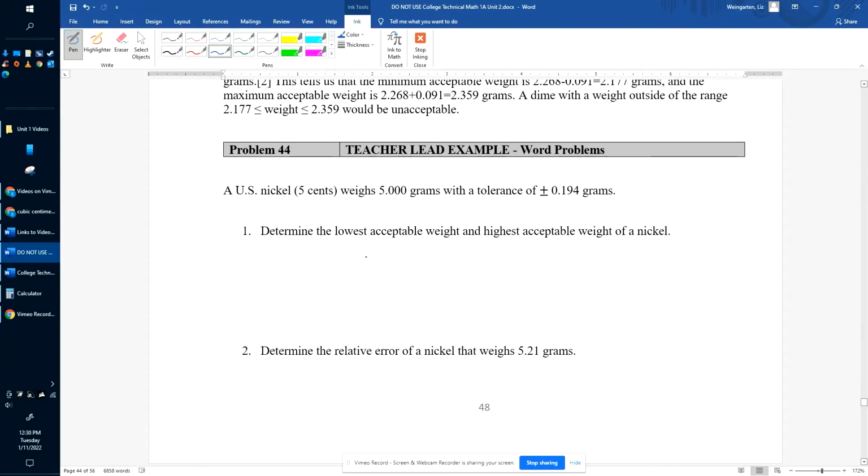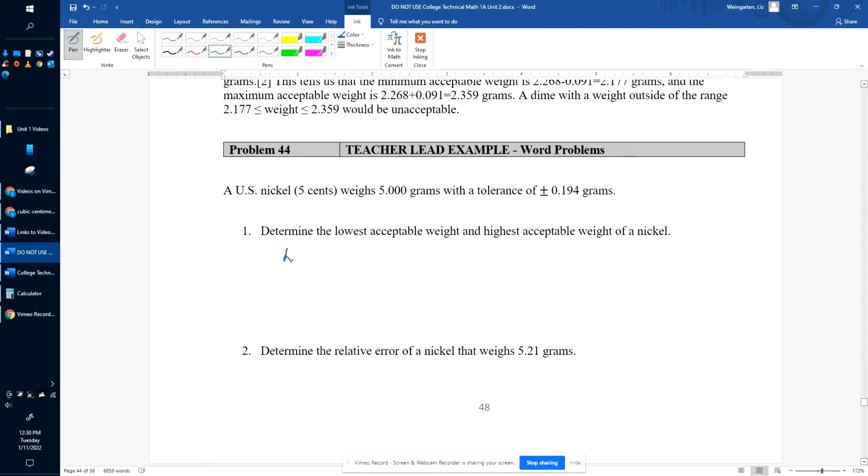What's the lowest acceptable weight and the highest acceptable weight? So this just means the highest acceptable weight is going to be 5 grams plus 0.194. Lowest acceptable weight is going to be 5 grams minus 0.194.